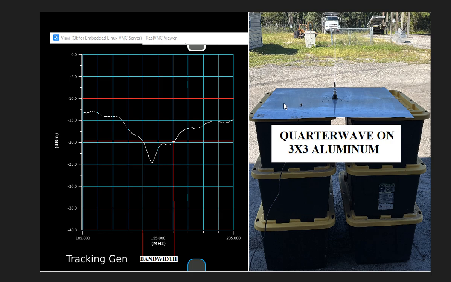return pattern. And what we're seeing over here is that if you draw down the lines from the references at -10, the VSWR 2 to 1 is right here at 9.5 return loss.